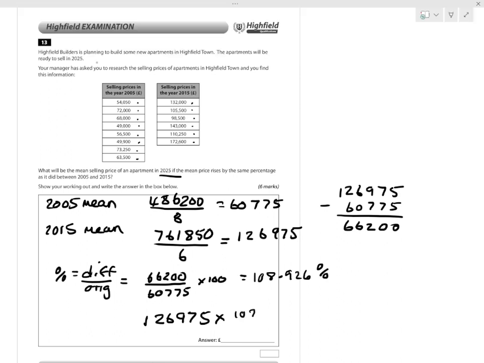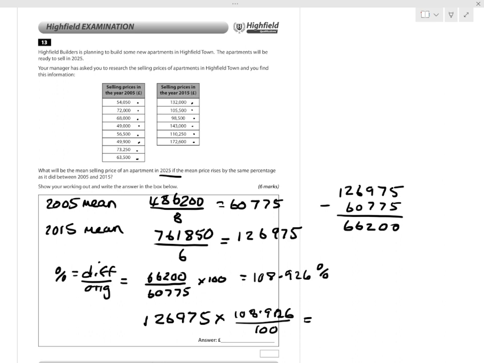So 126,975 times 108.926, divide that by 100. 138,308.